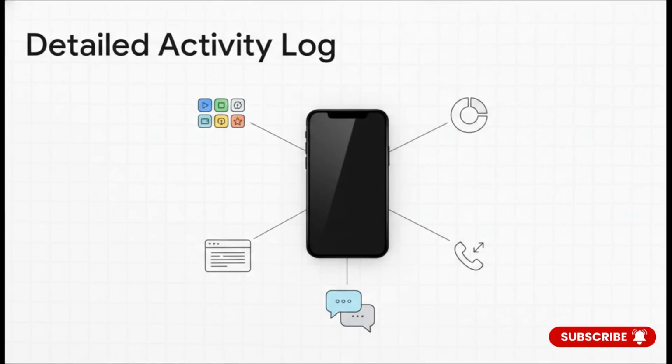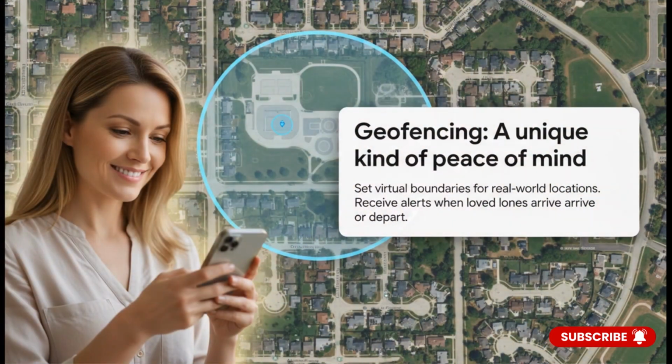And the level of detail you get is, wow. You can see exactly which apps are being used and for how long. You can see what websites they're visiting, who they're talking to via calls, and what's being said in text messages. It's just so comprehensive. This is crucial for productivity at work, but it's also just as important for making sure kids are building safe, healthy habits online.